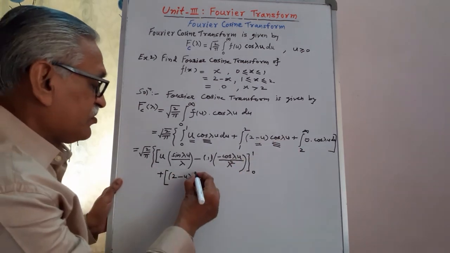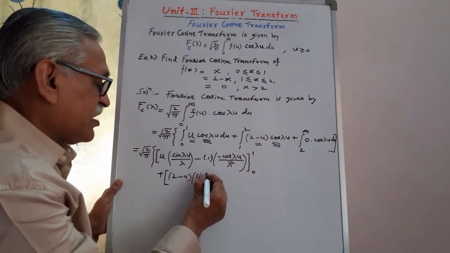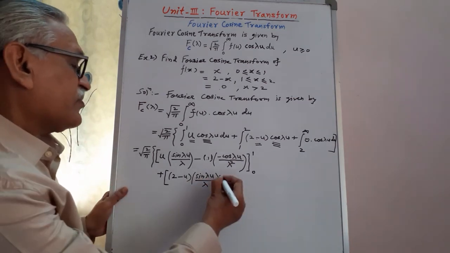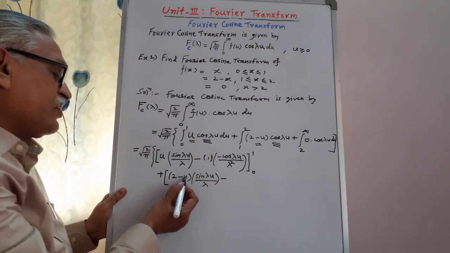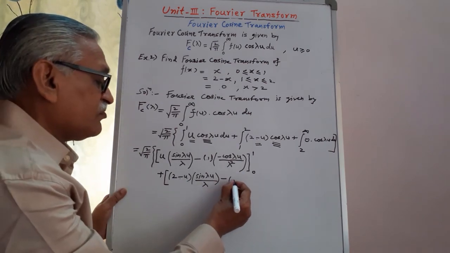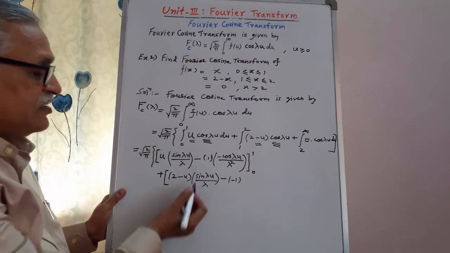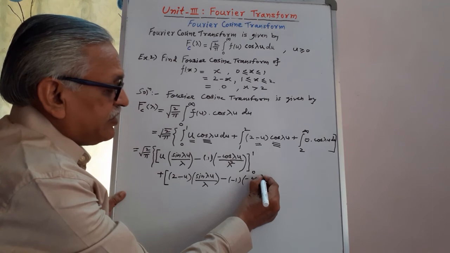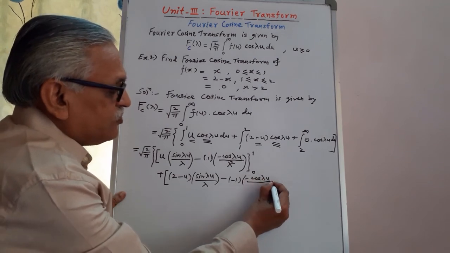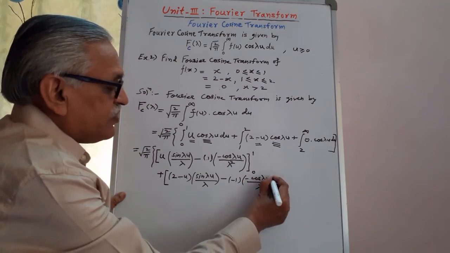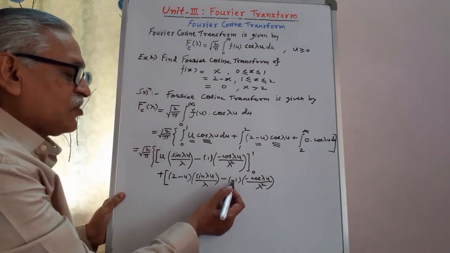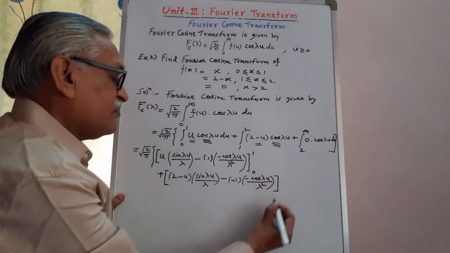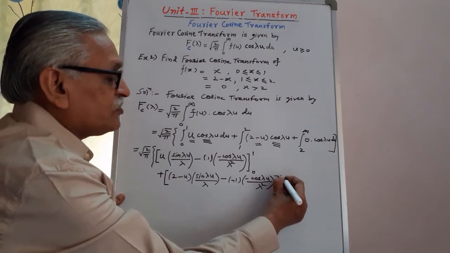Integration of cos is sin(lambda u) upon lambda, minus derivative of this with respect to u which is minus 1, integration of sin is minus cos(lambda u) upon lambda square. Next derivative of this constant term is 0. We stop here, with limits from 1 to 2.